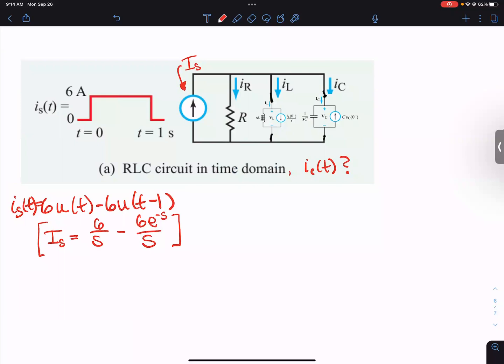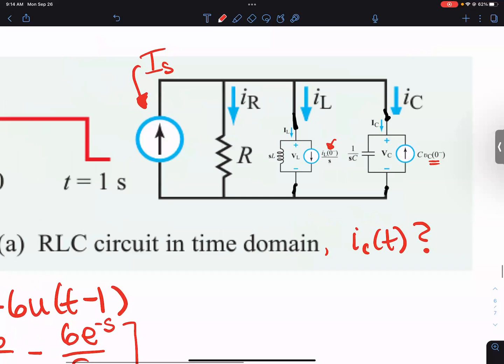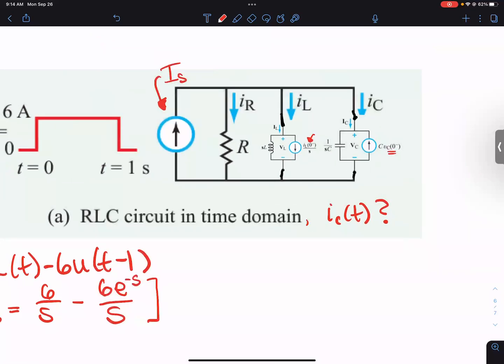So what else do I need to know here in order to solve this? I have I of S, R, LS, 1 over CS. What are these values? Yeah, Taylor, did you have a question? Oh, you're asking what values I need of this? Okay. Yep. So how do we find these values? Set, like, so we have 0 minus. Yep. And 0 minus in this case would be when the input is at 0.